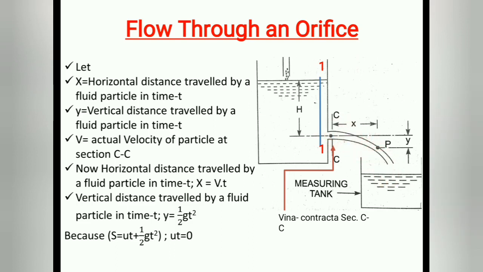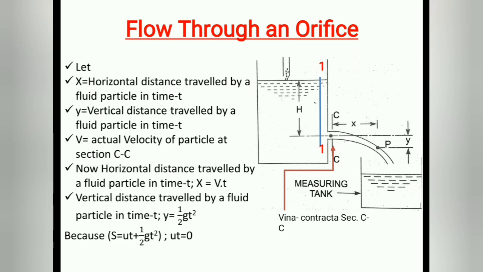So the particle first travels a distance in the x direction, then in the y direction. Now if v is the actual velocity of the particle at section CC, we can determine it using the equation of distance. Distance is velocity into time. So the horizontal distance traveled by the particle is x equal to v into t, where v is the velocity and t is the time.